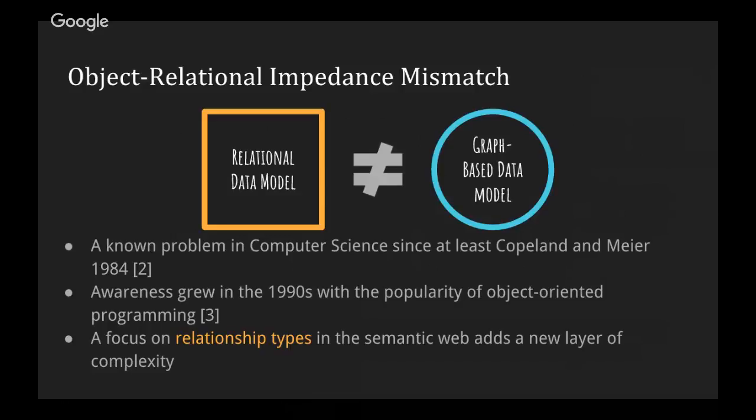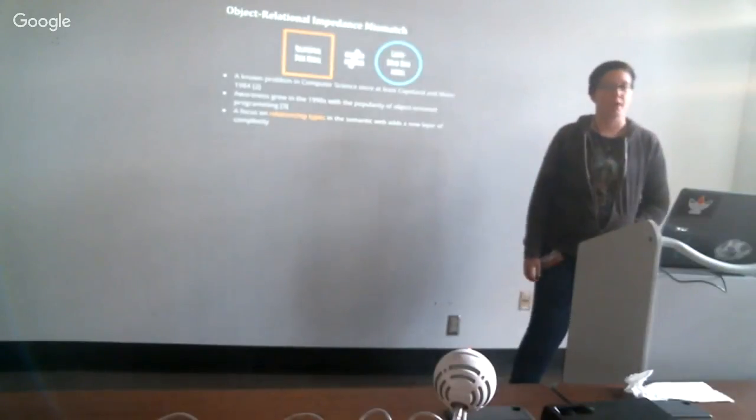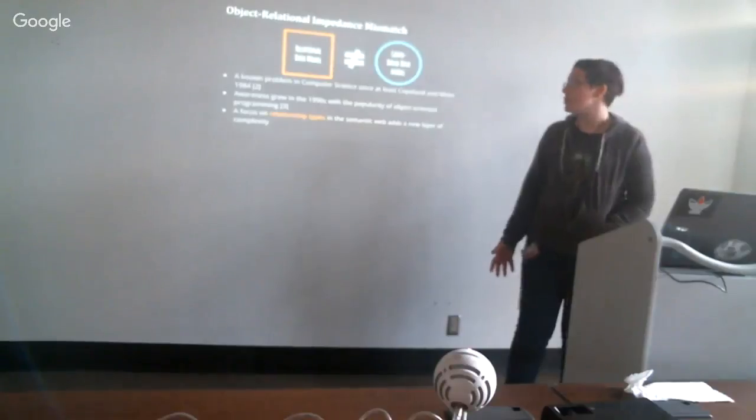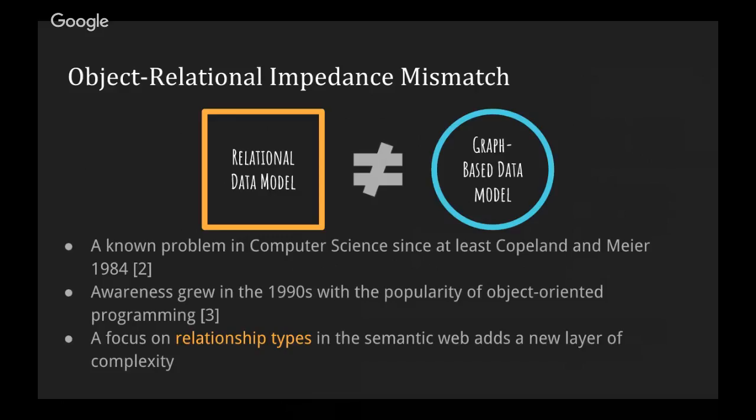Another reason it's complicated is that tabular data, like your CSV files, is conceptually different in structure from the graph-based data that we work with in our linked data applications. And this is a problem that's been in computer science for a long time.